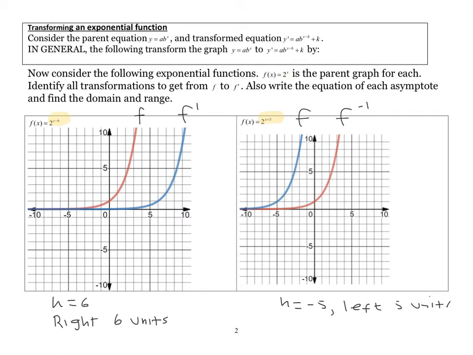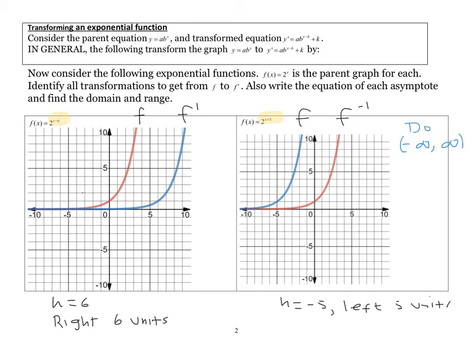And we also need to write the domain and range. The domain and range is the same for both functions. So I'm going to write the domain and range for both. The domain is from negative infinity to positive infinity.